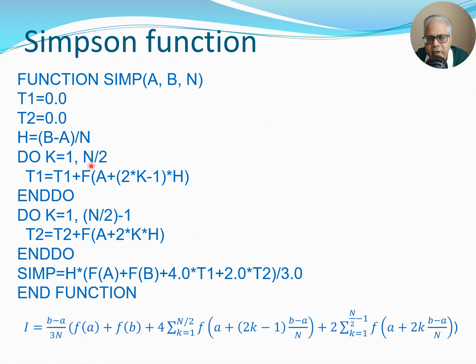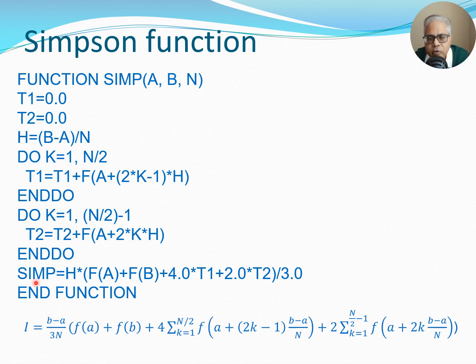And then I write two loops here. Later I'm going to simplify these loops, but let us for clarity now create a loop from k is 1 to n by 2 and a second loop from k is 1 to n by 2 minus 1. And here I have the term f a plus 2k minus 1 h. And here I have the term fa plus 2kh. So this is the first summation, this is the second summation here.